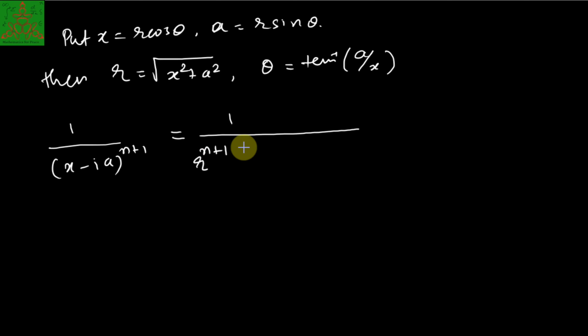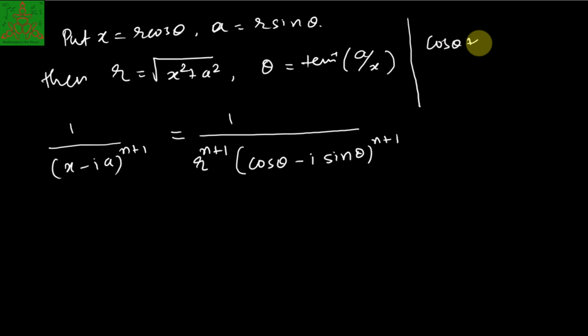Here we have cos theta minus i sin theta power n plus 1. And as per De Moivre's theorem, cos theta plus i sin theta power n will be cos n theta plus i sin n theta, and if it is minus here, then it will be minus.